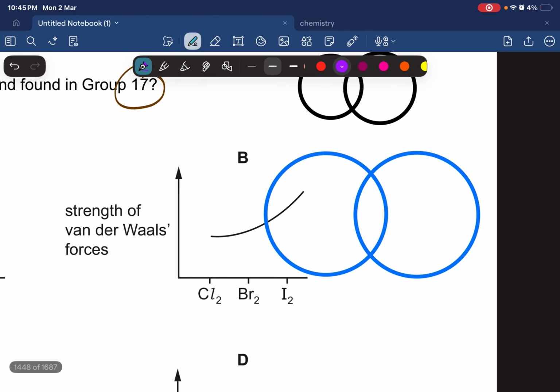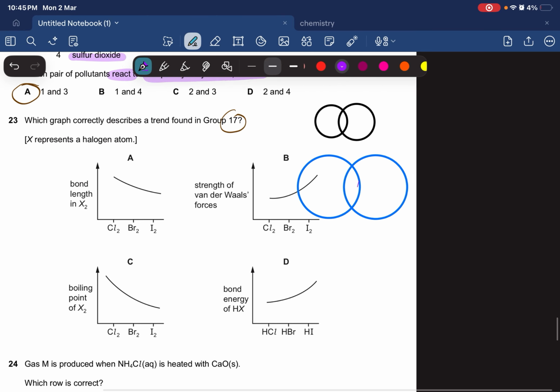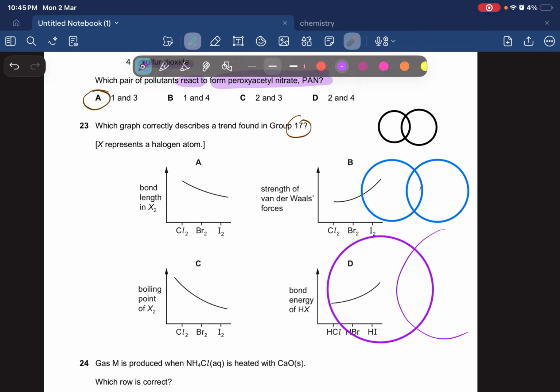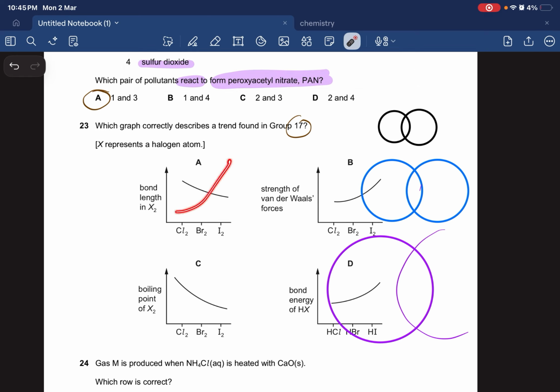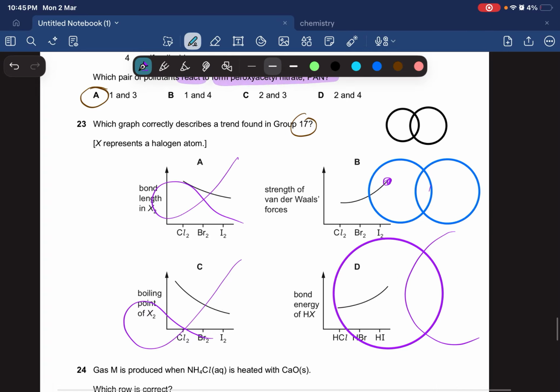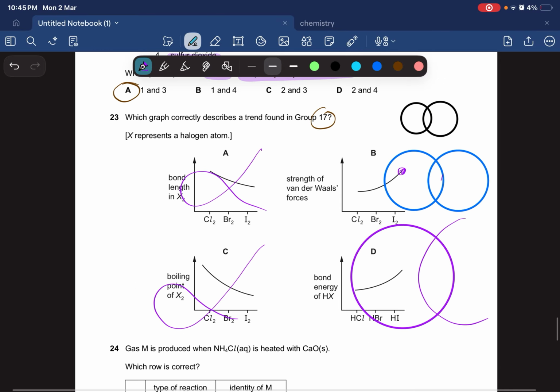And if we talk about iodine, the size of iodine is going to be even greater, so the bond length further increases. So over here this is a cross, it doesn't decrease, it increases. It should be greatest for iodine. Okay, so that's about bond length.